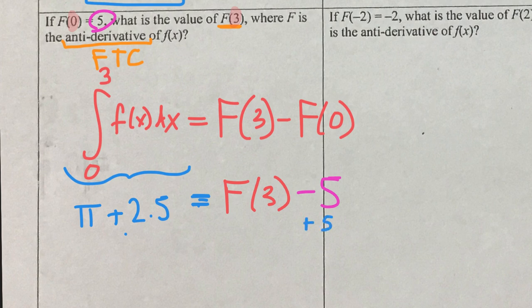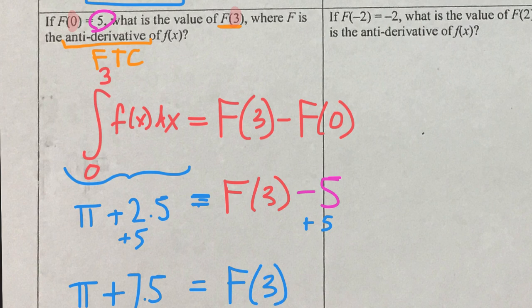We just add 5 to both sides, and I get pi plus 7.5 as the value of F of 3. So I'm applying the fundamental theorem of calculus to solve for the y value when x is 3 of a function that I don't have an equation for, so I have to use some other method, in this case the fundamental theorem.